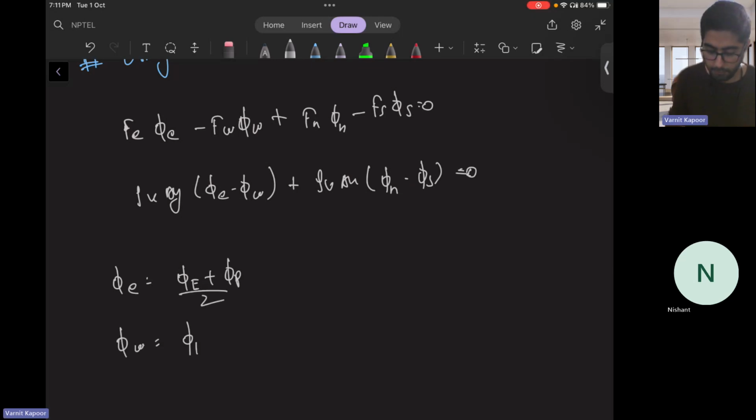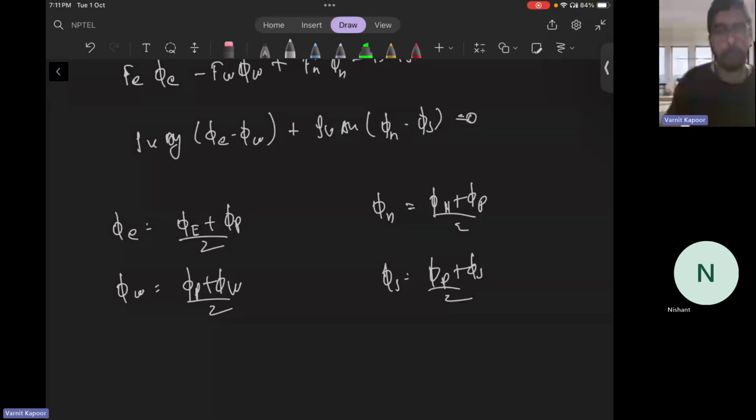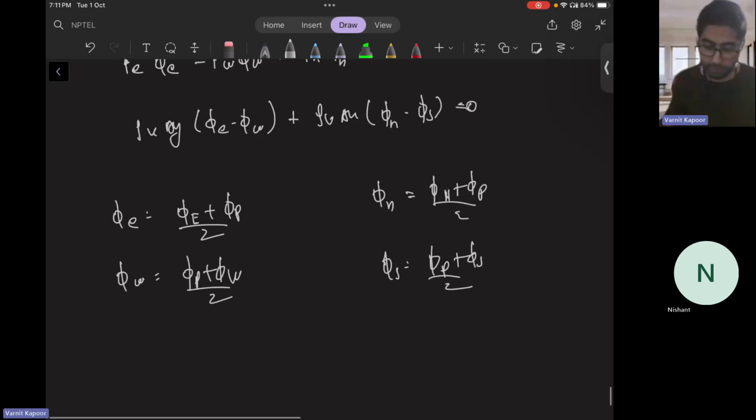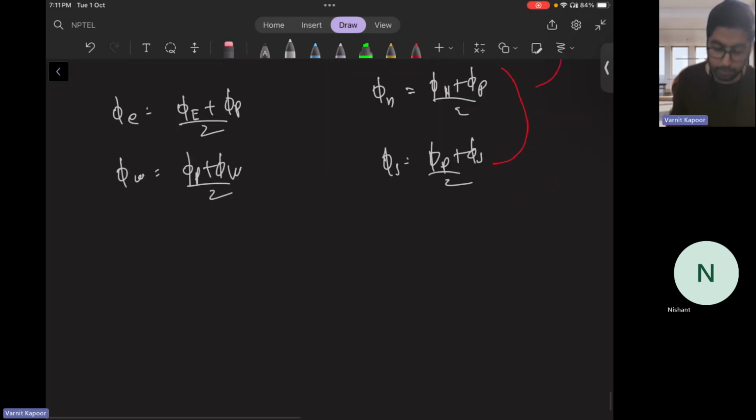Phi west is phi p plus phi w by 2, phi north is phi n plus phi p by 2, phi south is phi p plus phi s by 2. Now you put the values and divide through by delta x, delta y.